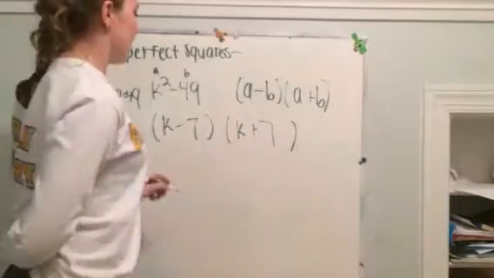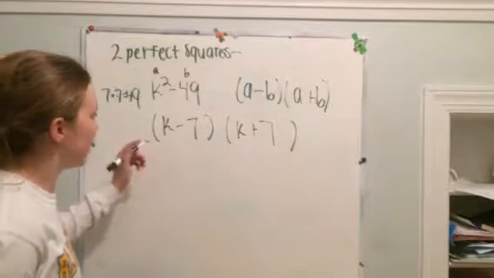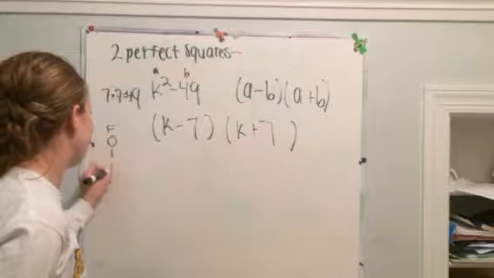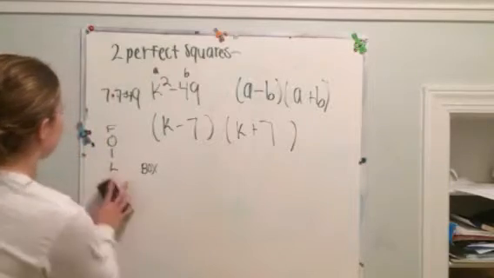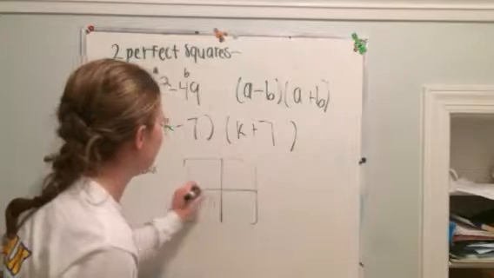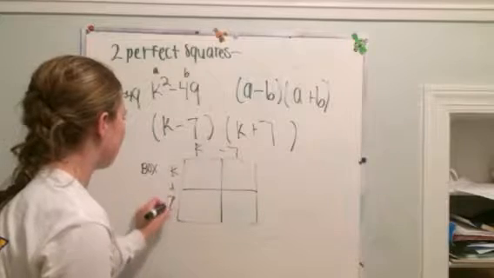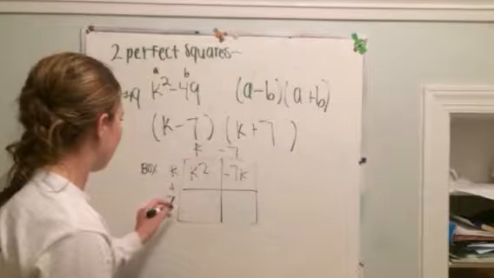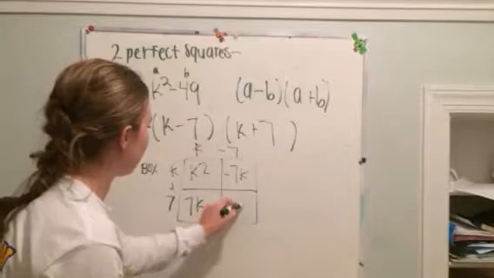So this is what we get after we find the difference. And if you want to check it, you can do the FOIL method again. Or if you don't want to do the FOIL, you could do the box method. And we're going to do the box method. So k squared minus 7k, 7k, and 49.